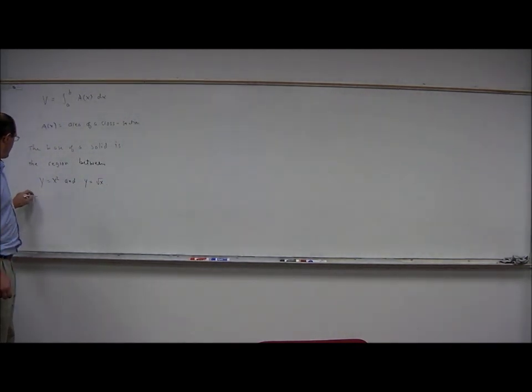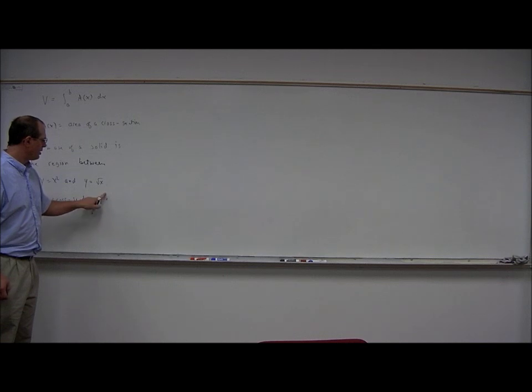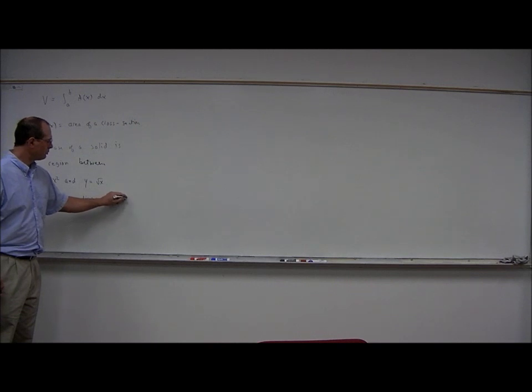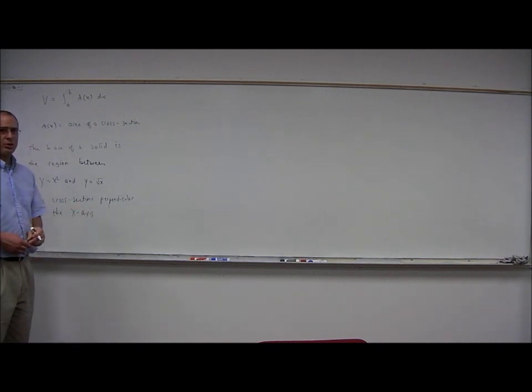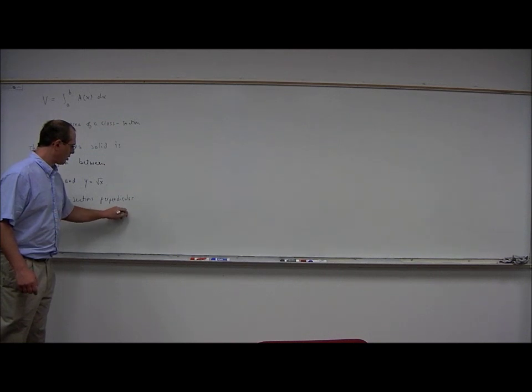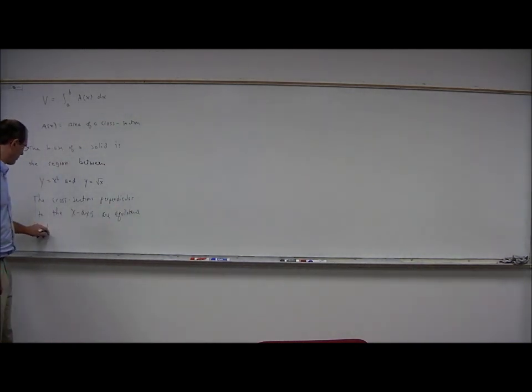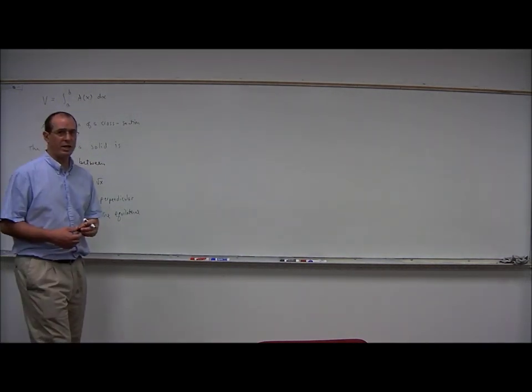So suppose the cross-sections of this solid perpendicular to the x-axis are equilateral triangles. Let's find the volume of the solid.